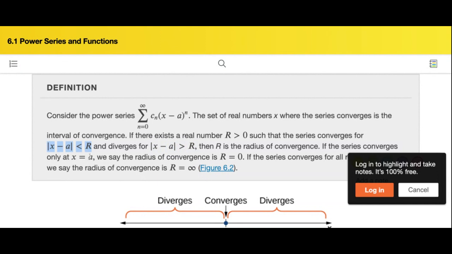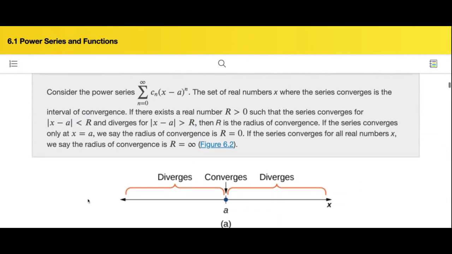And then we have another term called the interval of convergence. The interval of convergence in this form is from a minus R to a plus R.